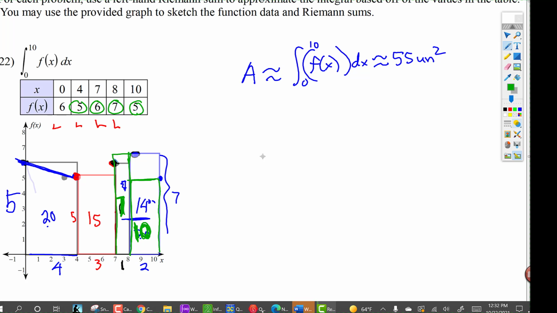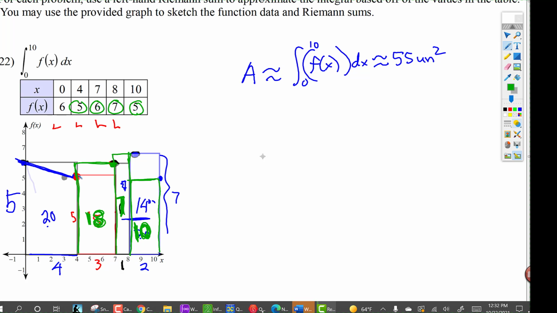And then at 7, we're at a height of 6, and we're going over to 4. But this is now a height of 6. 6 times 3, this is 18 units squared.